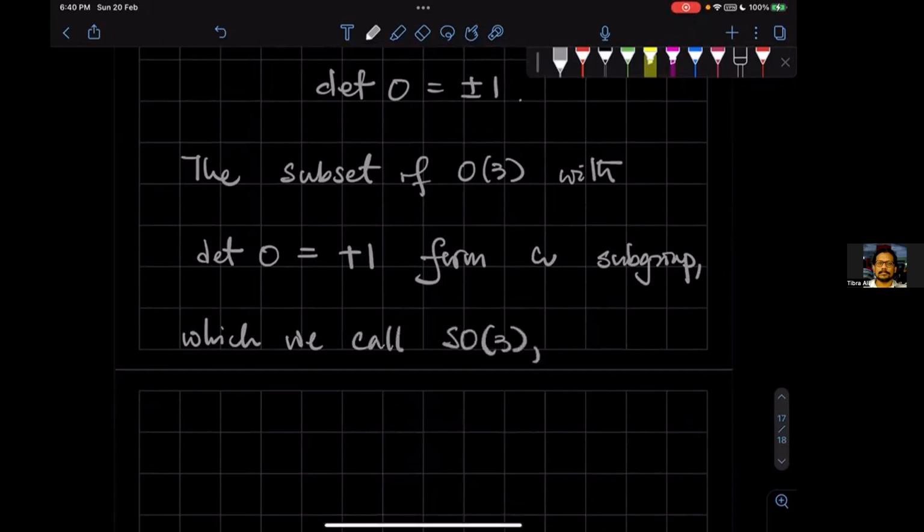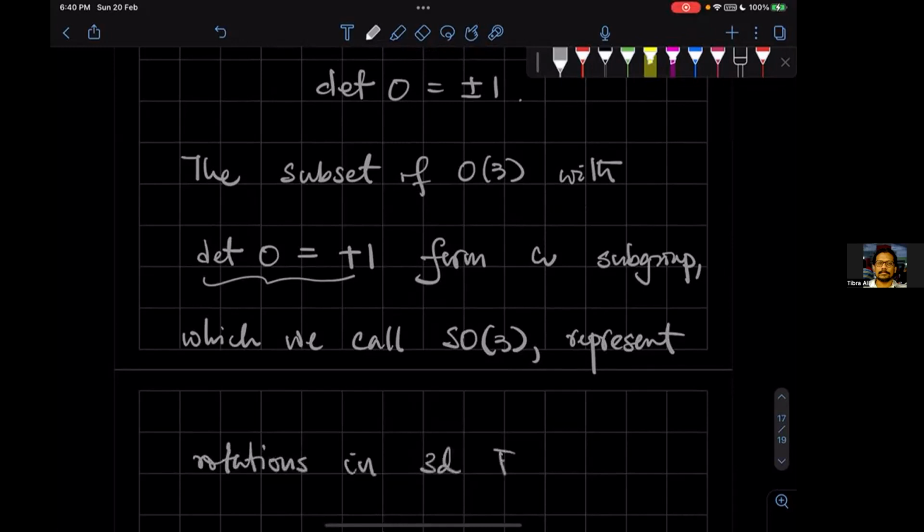S stands for special, so this condition is called special. So this subgroup represents rotations in three-dimensional Euclidean space.